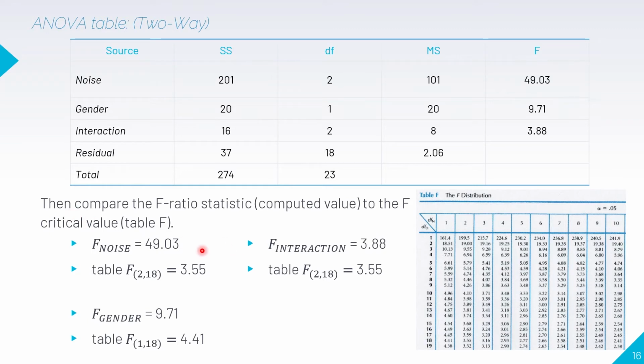Now that we have our F critical values, let's compare the F ratio to our critical value. Our F noise is equal to 49.03, and our table F for 2 and 18 is 3.55. For gender, we have 9.71, and our table F is 4.41. For F interaction, we have 3.88 as our F ratio, and in our table F, we have 3.55.